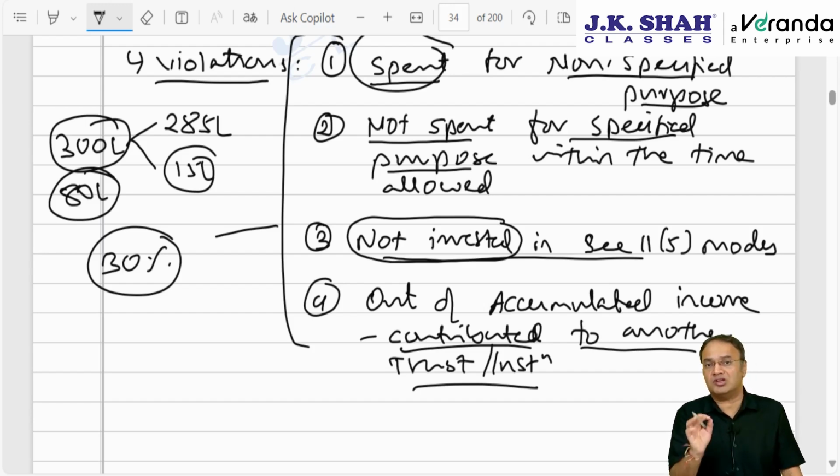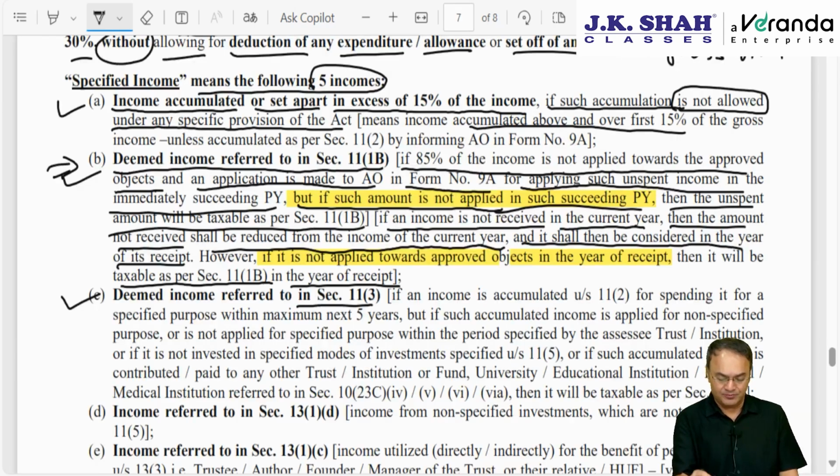Contribution to another trust out of regular income or regular donation is allowed. Normal income of the current year, it is allowed. But if contributed out of accumulated funds, then gone. Then it is a violation. In simple language, once accumulated and informed to the AO, the accumulated fund has to be spent for the same purpose for which it was accumulated, and cannot be utilized for anything else.